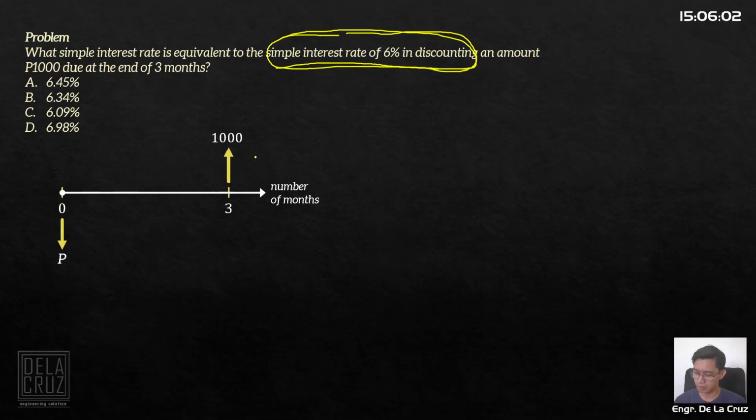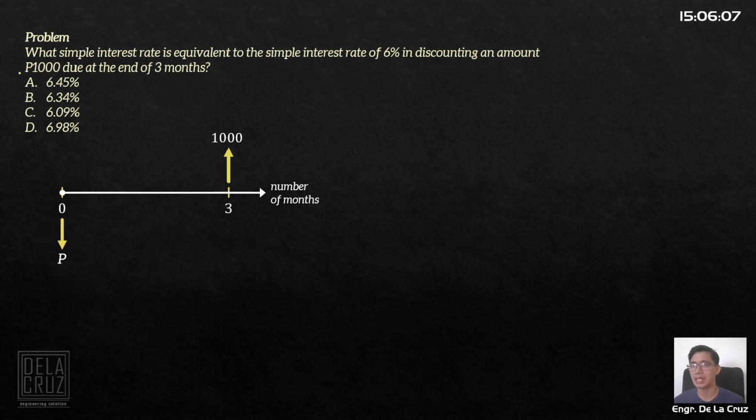Una, kukunin natin yung present value, and that is the discounted amount of 1,000. The present value that is equal to F, quantity 1 minus the discount times the number of years. Pag discount yung pinag-uusapan natin, of course, magle-less yung pera mo. No, kaya minus yan. Pag interest, mag-a-add lang yan. Yan lang yung kaibahan sa discount. So, discount times the number of years.